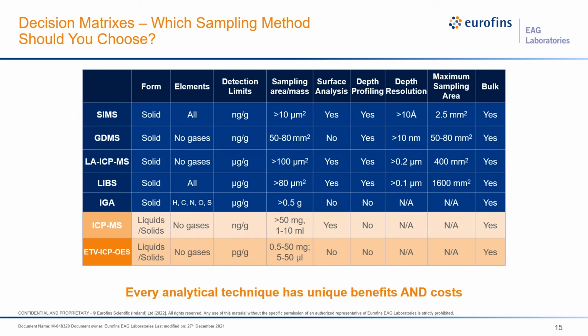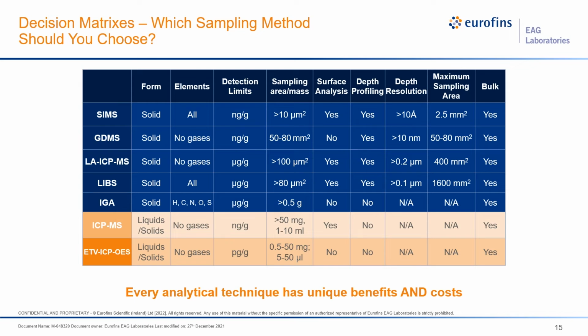SIMS, conversely, is a solid microsampling technique that has the best depth profiling resolution, but also has the smallest sampling area. GDMS can achieve depth resolutions and depth profiling of 10 nanometers or more, but has a much larger sampling area than SIMS.